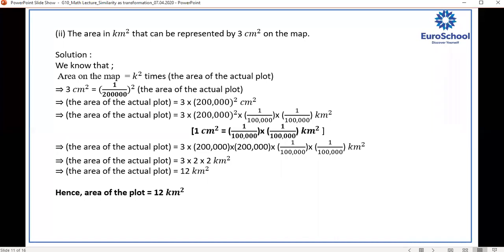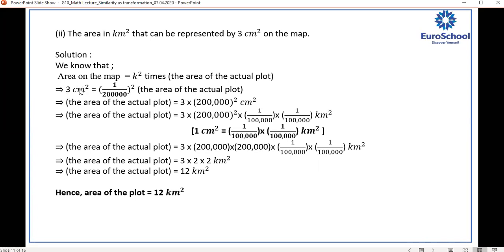Area on map is 3 centimeters square. Scale factor is 1 upon 2 lakh, squared because it's area. From here, area of actual plot is equal to 3 into 2 lakh square.